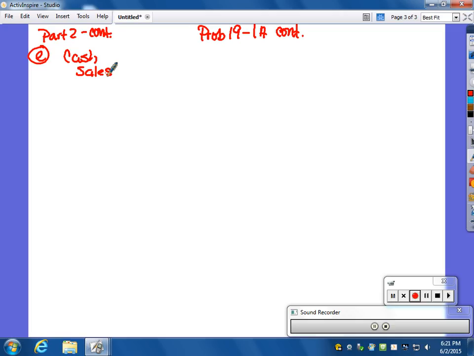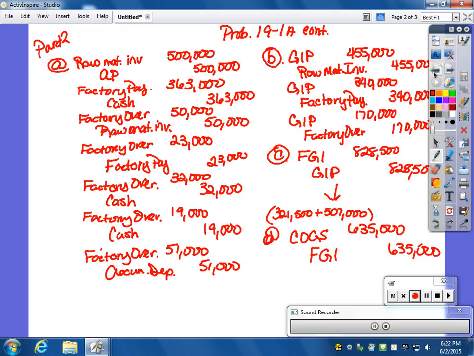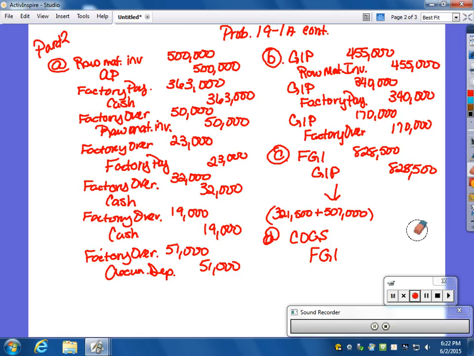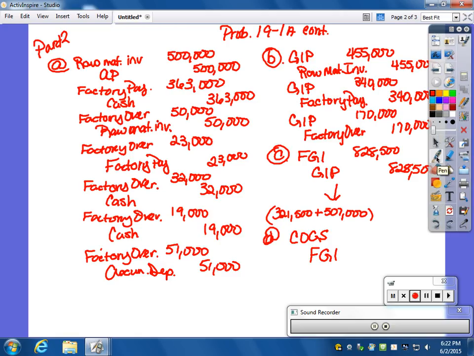Wait a minute. I think y'all told me the wrong thing for the cost of goods sold. It's not 635,000 for this cost of goods sold. What is it? They gave me that number, but it's job 306.